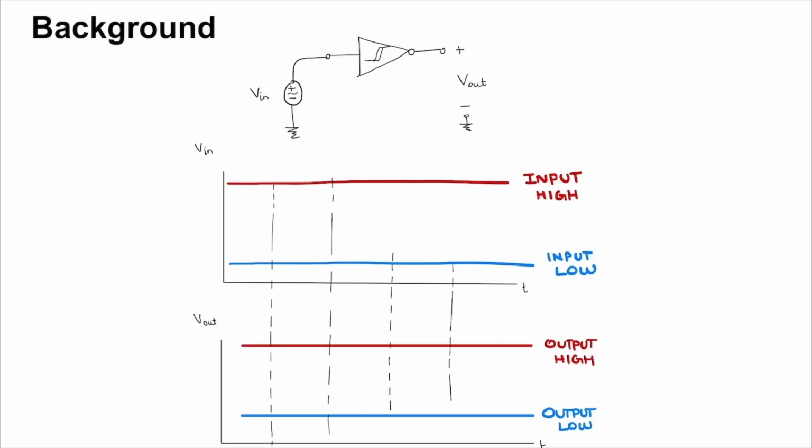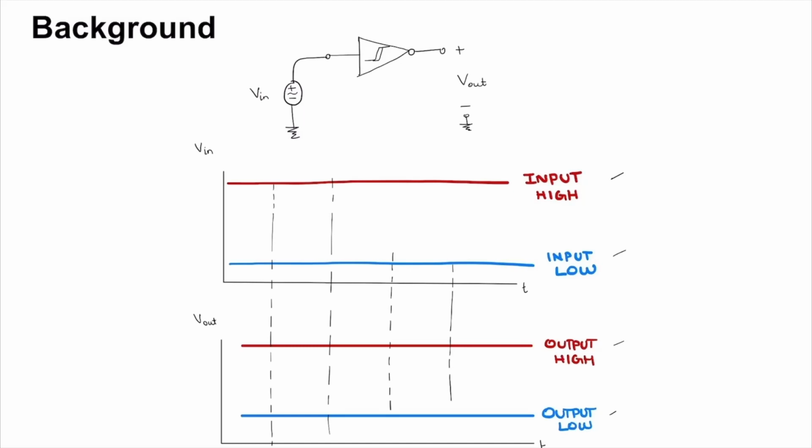So before we start, a little bit of background into a Schmidt trigger. In an inverting Schmidt trigger, all you need to know are the values of input high, input low, output high and output low.